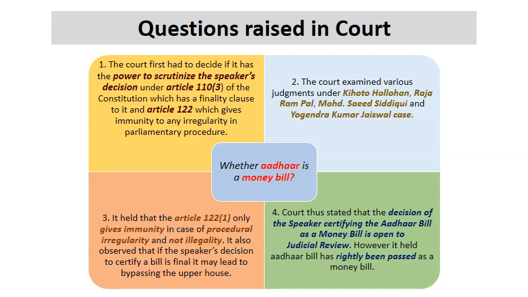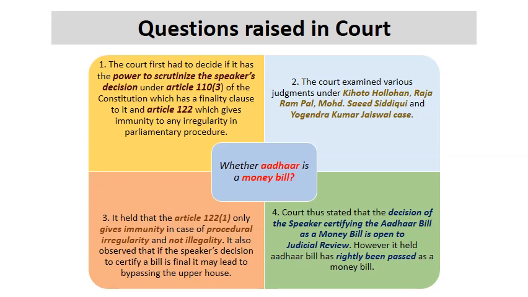For example, Kihoto Hollohan deals with the fact that the Speaker's decision was final in the anti-defection law. So if a Speaker disqualifies a member, the member cannot go to court. But the court held that it is subject to judicial review because the Speaker's decision may be illegal or mala fide.